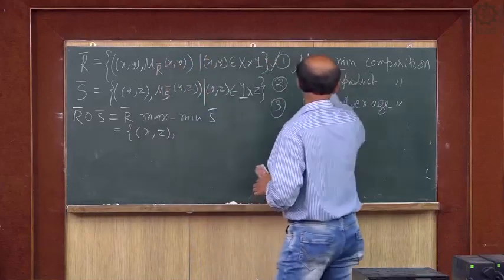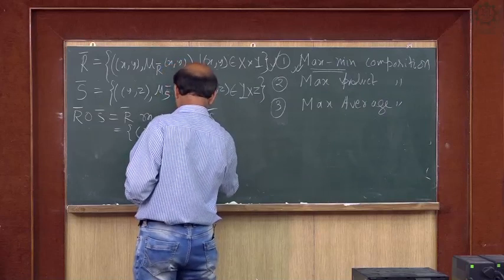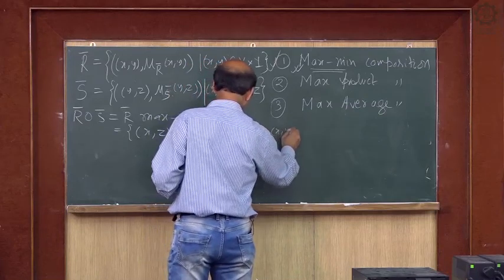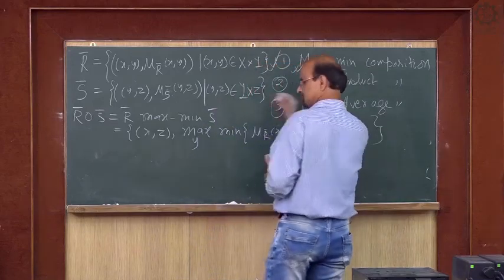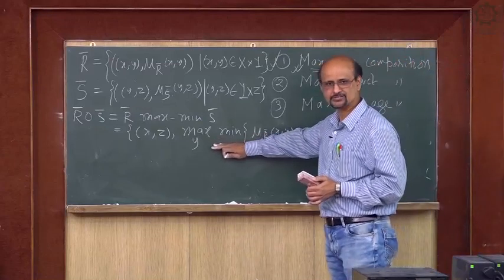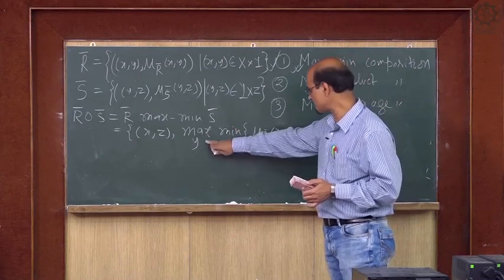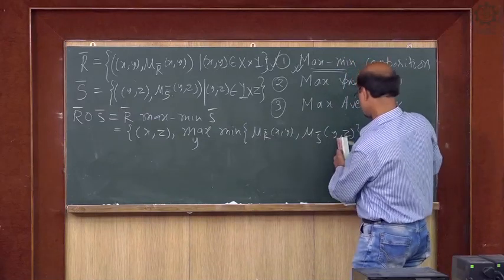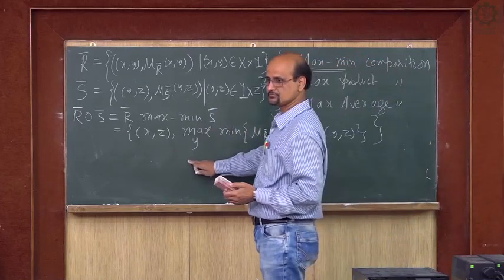So, I have to combine by max min, means I will write max on y and then min of mu R bar (x, y) and mu S bar (y, z). Understood? Min is our membership degrees or values. So, I will take one example, then it will be more clear. Maximum over y and minimum of all those mu R bar (x, y), mu S bar (y, z). So, this is your max min composition.